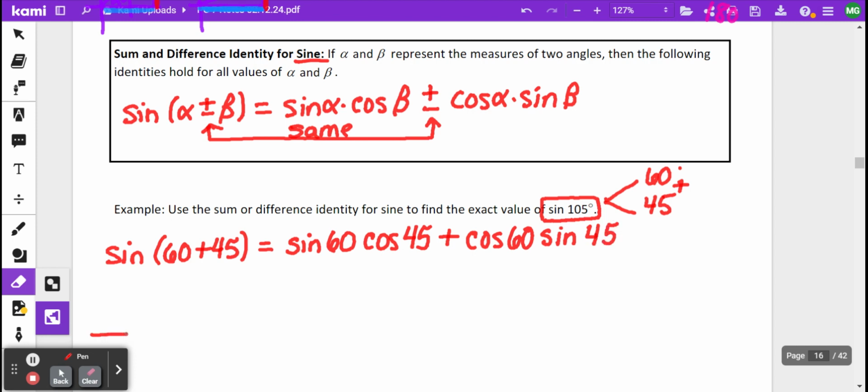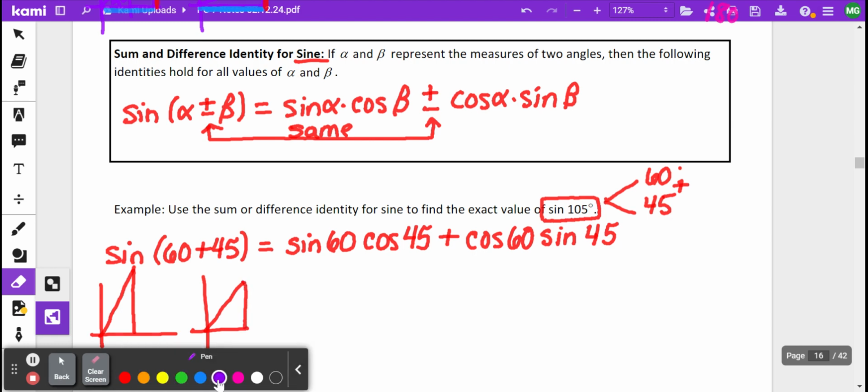Now again, that unit circle. Here's our 60-degree angle. It's taller than it is wide. And our 45 we just did, so hopefully you remember that. So let's go ahead and put our values in. So the sine of 60, the height of a 60-degree angle, root 3 over 2, times the cosine of 45.